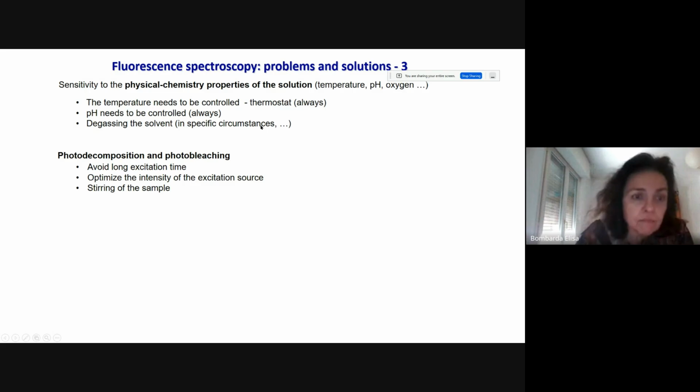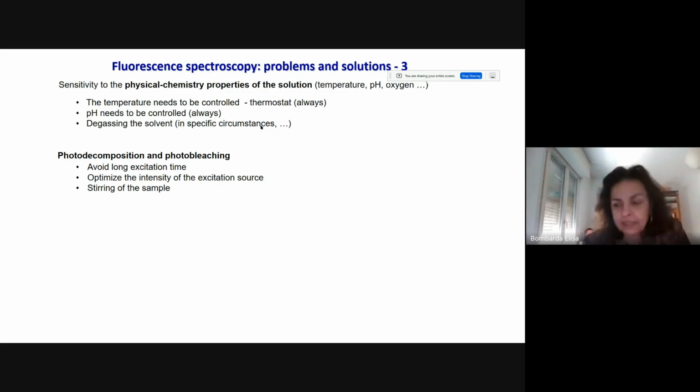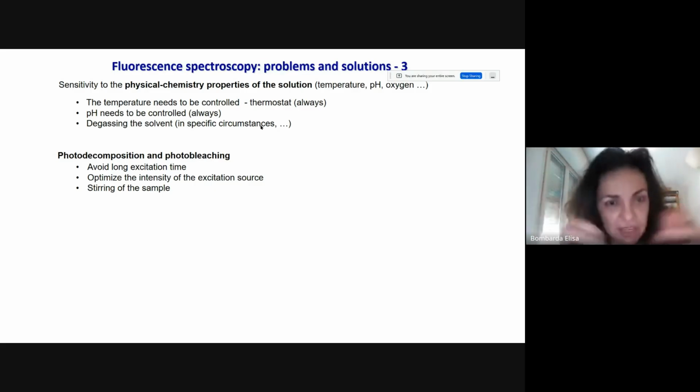Then there are problems when we are playing with light. We can photodecompose our fluorophore if we excite with too intense light, which is a chemical effect, or photobleaching, which is a physical effect. That means you basically kill the molecule, and then you don't see any signal anymore, or a decreased signal.